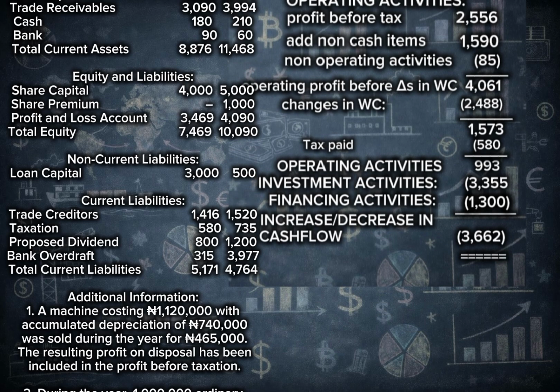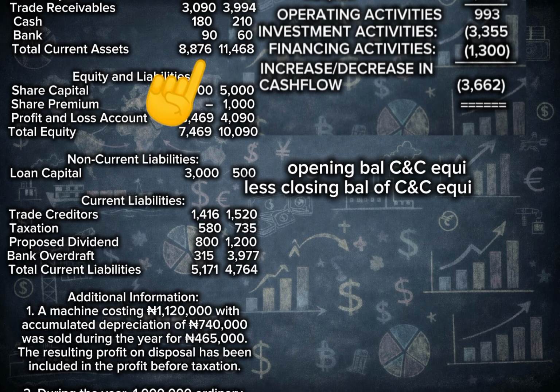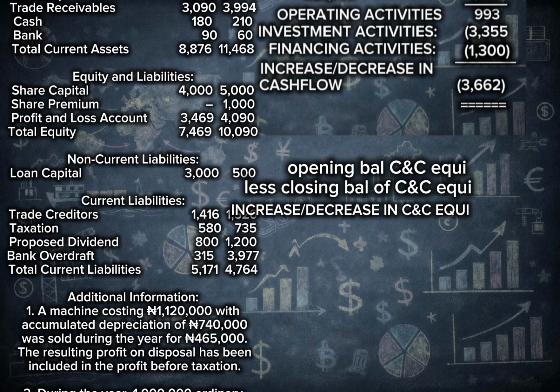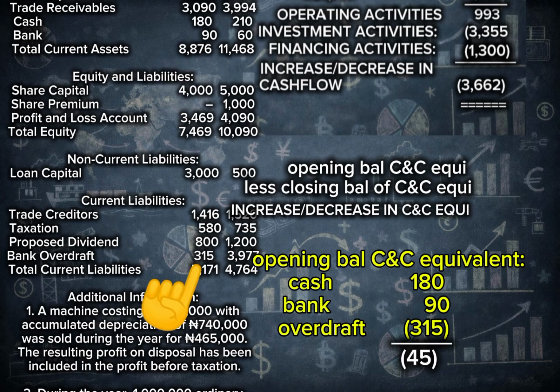Now, to calculate the cash and cash equivalents, we deduct the closing figures of cash and cash equivalents from the opening figures to get the increase or decrease in cash and cash equivalents for that period, where the opening balance includes the balance of cash at hand, cash in bank, and bank overdraft figures for 2008.